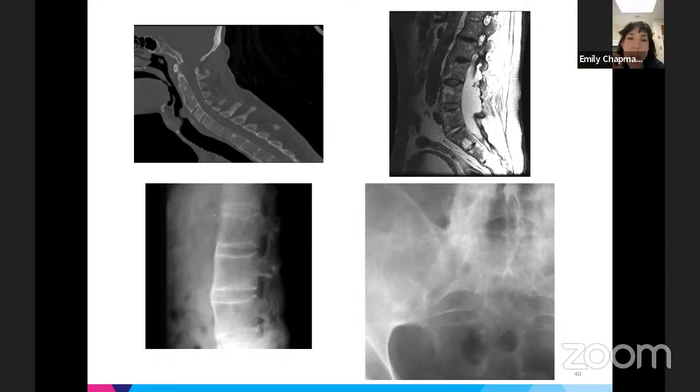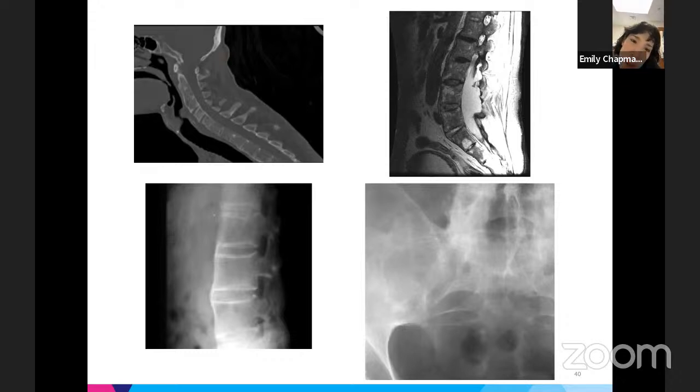So that lower left image, definitely seeing just this overall straightening of, I think it's probably the thoracic spine, with not a lot of, like I said, it's just straight between the vertebral bodies and the discs. On the left upper, I see a cervical and thoracic sagittal CT.